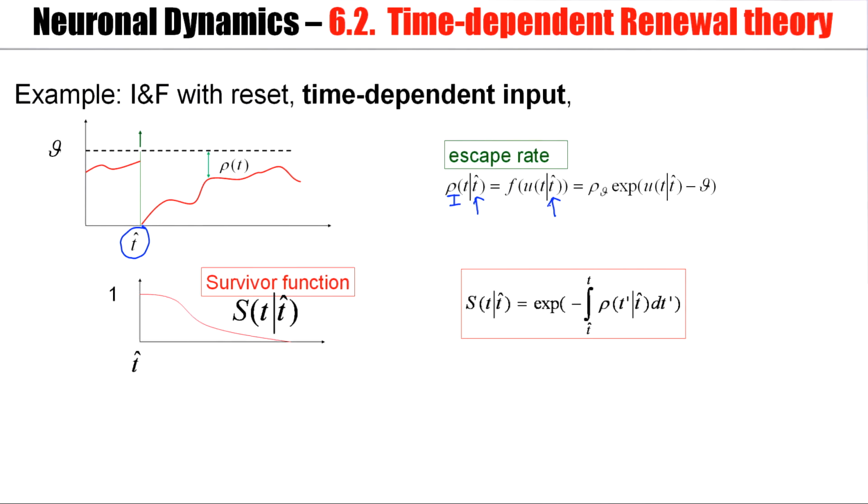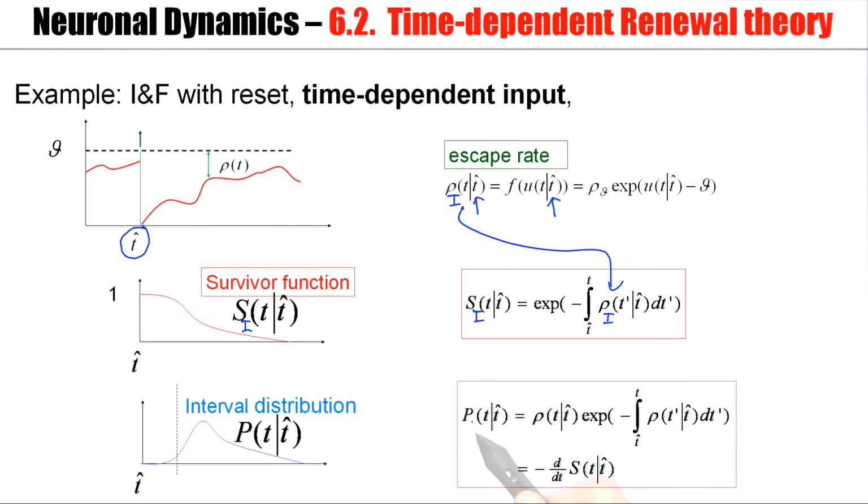In this case, I have an input-dependent survivor function, which depends on this rho here. And I can calculate this input-dependent interval distribution just the same way as in renewal theory. In other words, we have arrived at a time-dependent version of standard stationary renewal theory.